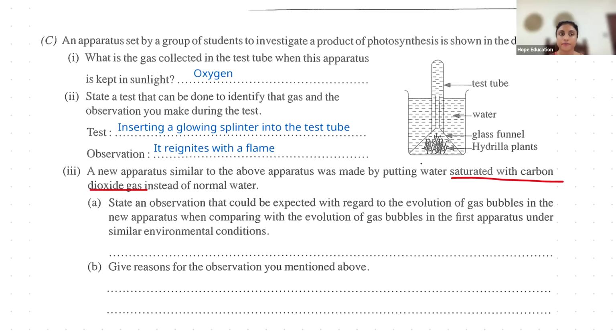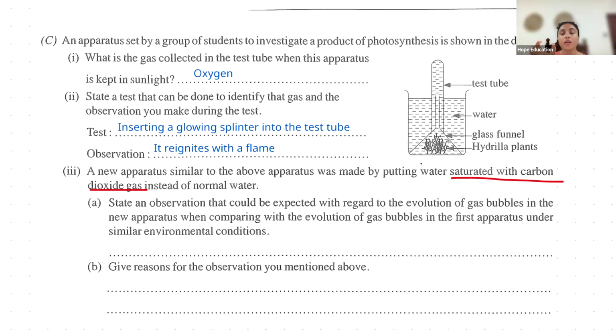What did you write? Now, if this water has more carbon dioxide than the normal water we used earlier, in this new apparatus we are using water saturated with carbon dioxide. Saturated means there is more carbon dioxide.